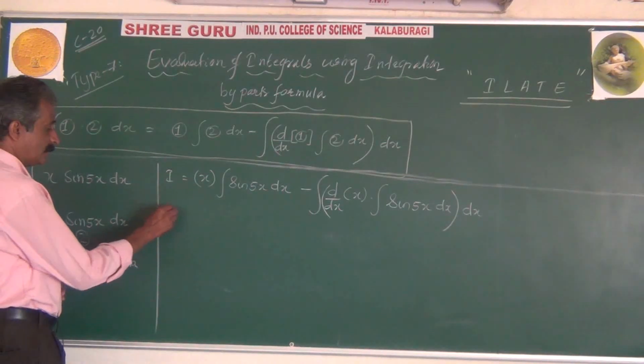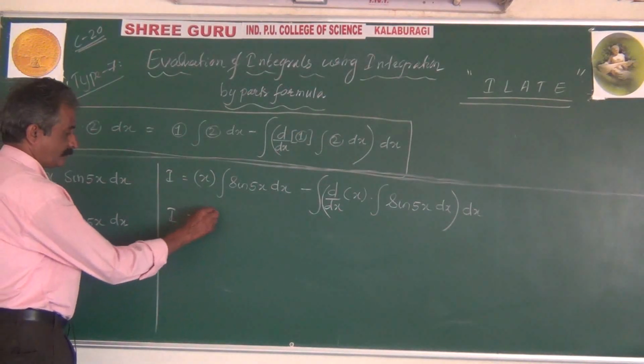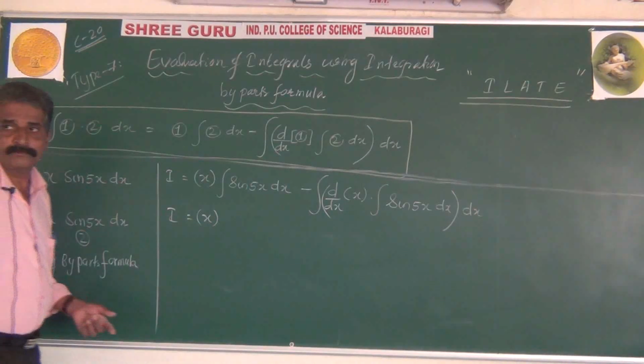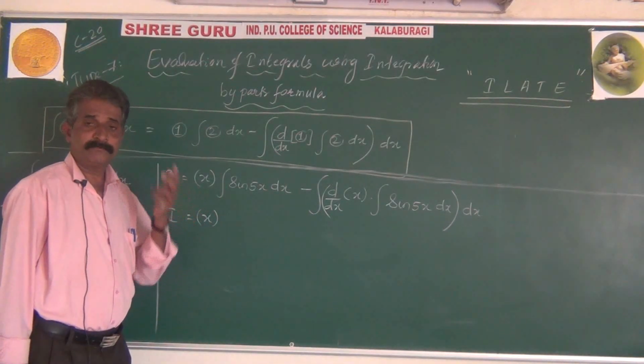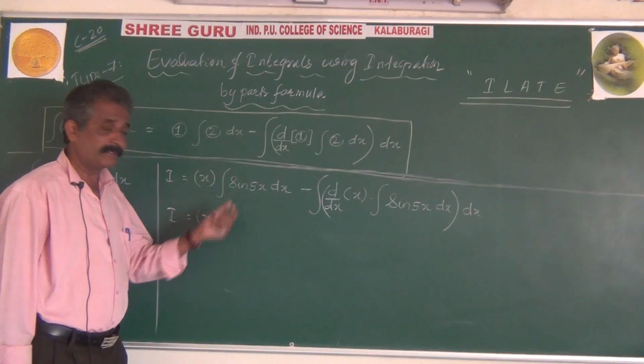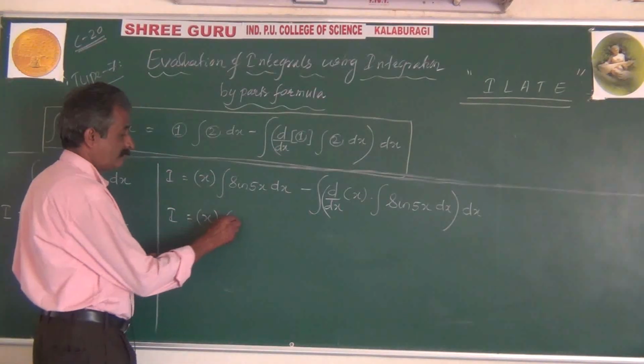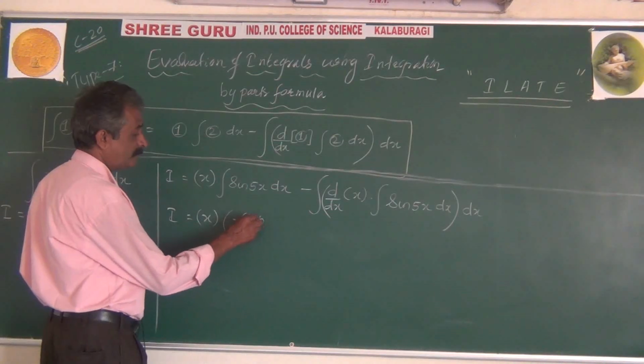Hence, I equals to x into. From earlier classes, how much is integration of sin x? Minus cos x, whereas integration of sin 5x will be minus cos 5x divided by 5.